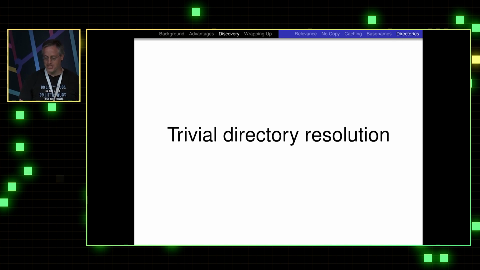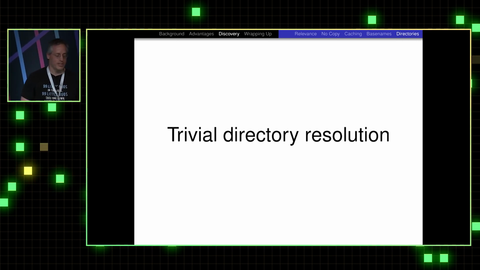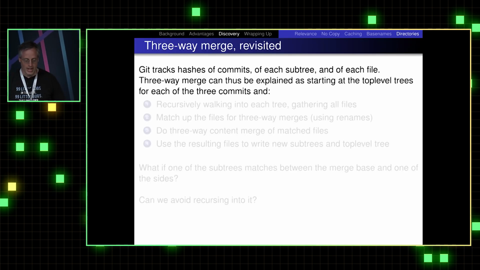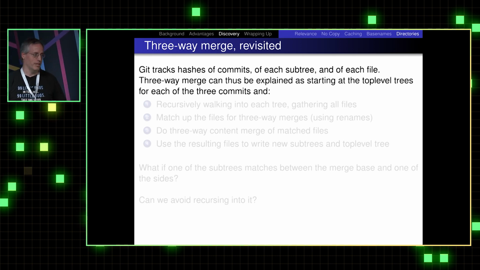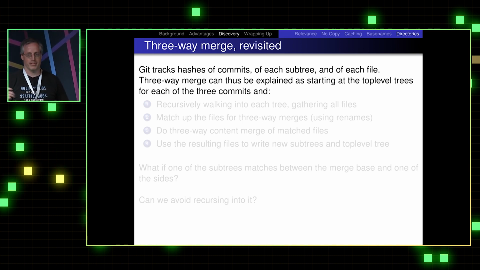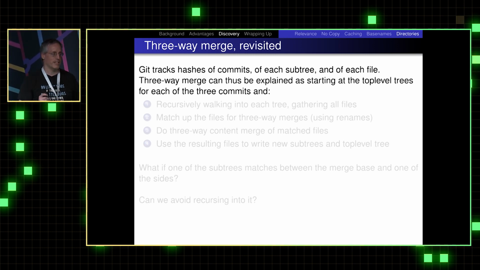The last optimization I want to look at, I call trivial directory resolution. This one isn't rename related, although it needs some ideas from the other ones. So again, I have to go back to the fact that Git doesn't just track hashes of commits and of files, but also of subtrees.